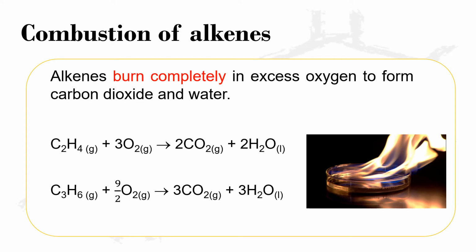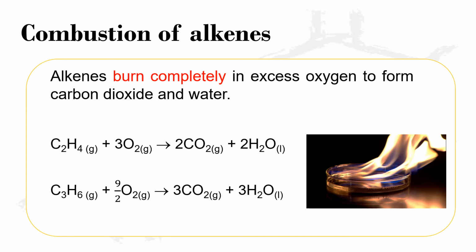Then move to the hydrogen. There are 4 hydrogen atoms on the reactant side, so you also need 4 hydrogen atoms on the product side. H2O already has 2 H atoms, so just multiply by 2 in front. So you also get 4 on the product side. Now you only consider the coefficient for the oxygen atoms.